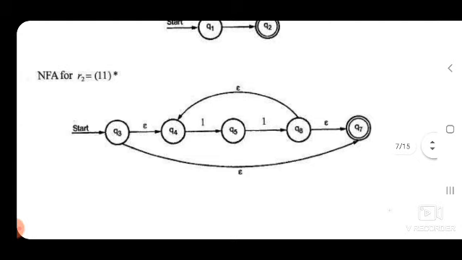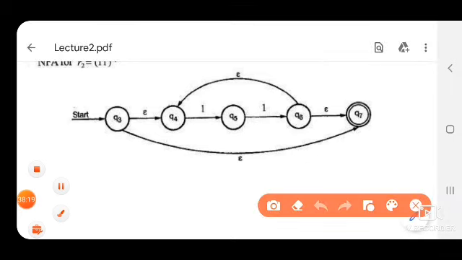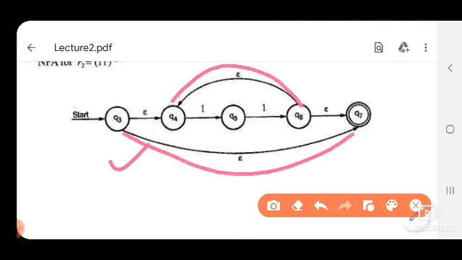So, let us see this NFA, which is for 1 1 asterisk. Here you see 1 1, this is for asterisk, and this is for the null transition. So, this figure is for 1 1 asterisk.